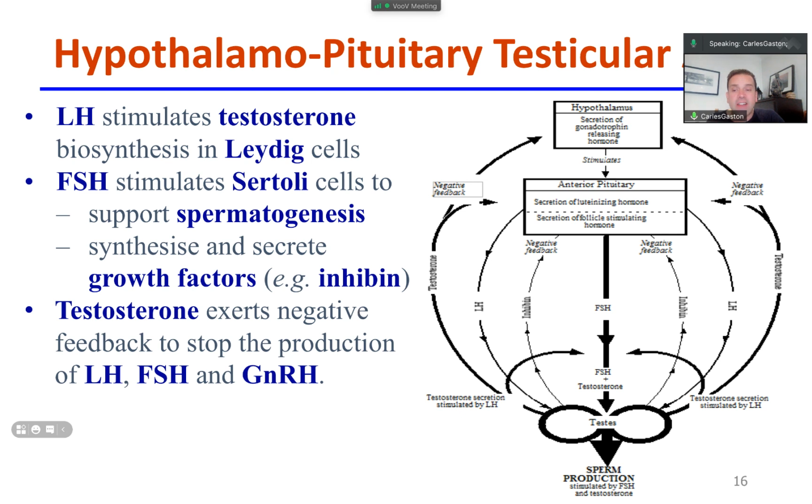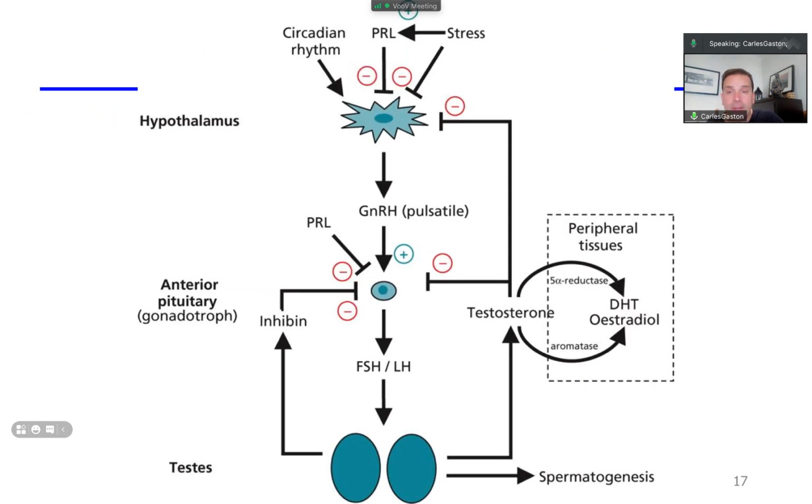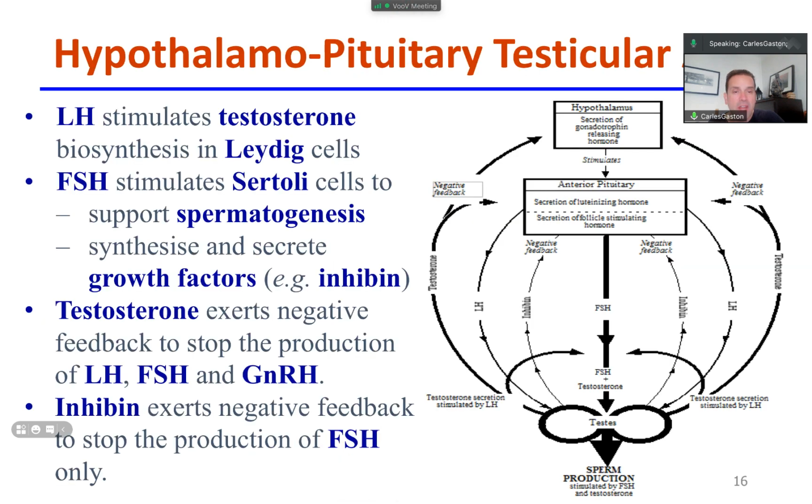Testosterone exerts negative feedback at the same time to stop the production of LH and FSH. Inhibin exerts the feedback to stop the production of FSH only. So here we have the diagram.